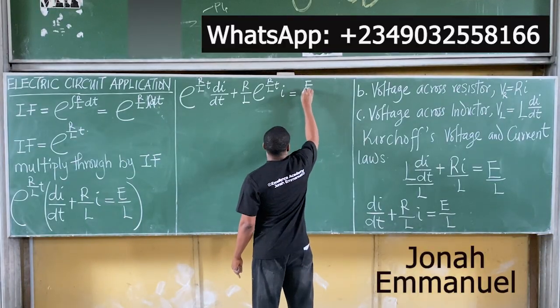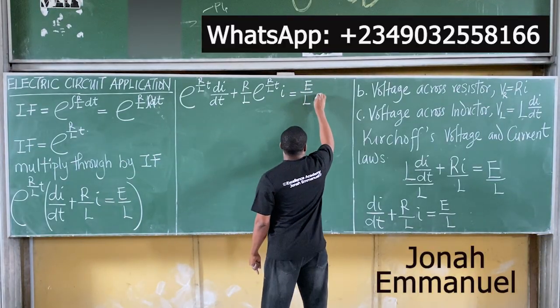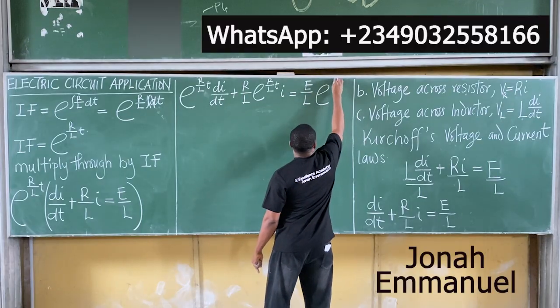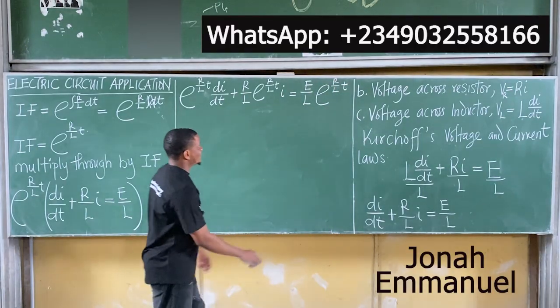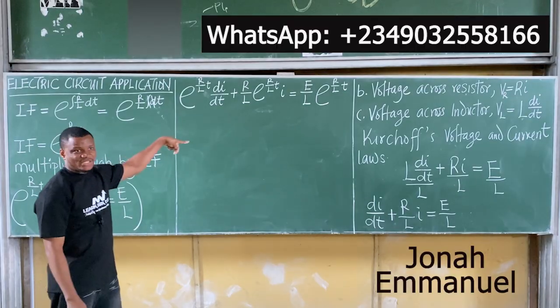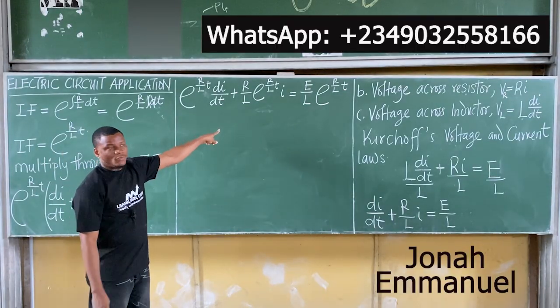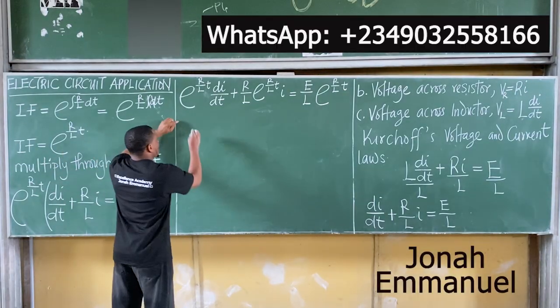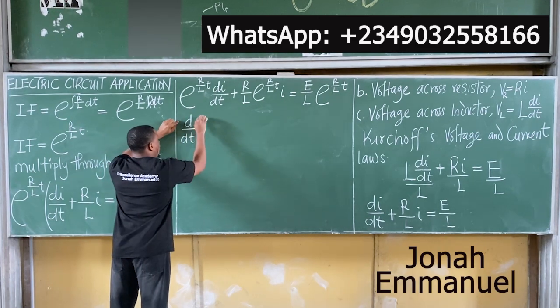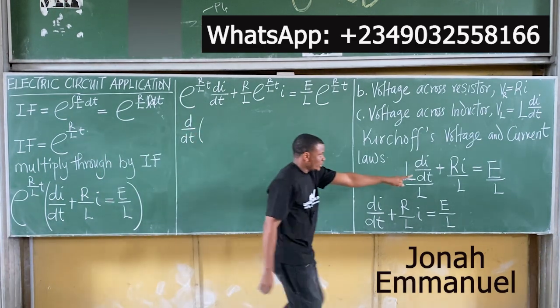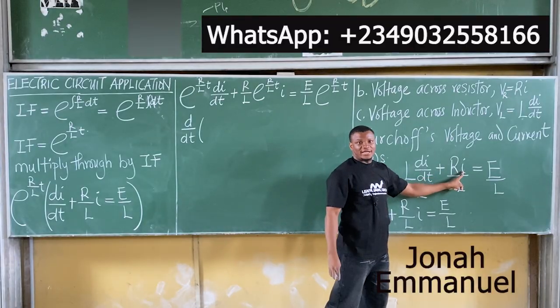So E over L exponential R over L t. So we have this. All right, that's on expansion. And we know the idea behind this. We said this can be expressed as what there? d all over what there? dt of what and what there? This one here, which is what there?